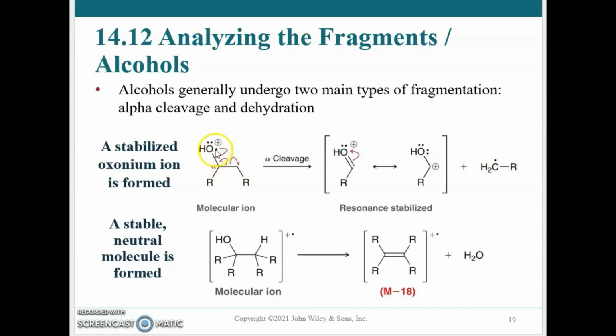And the radical from the radical cation that's formed, together with the other electron from this homolytic bond cleavage, forms an electron pair to give the double bond here, carrying the cationic charge. And then this is a resonance structure.